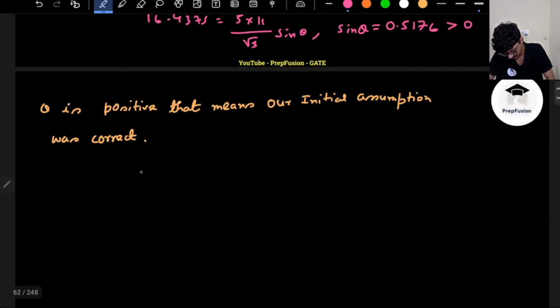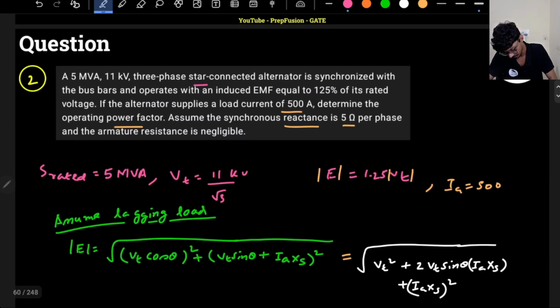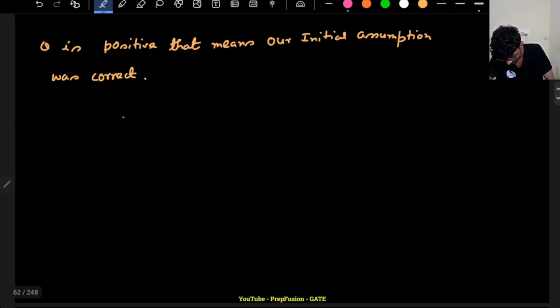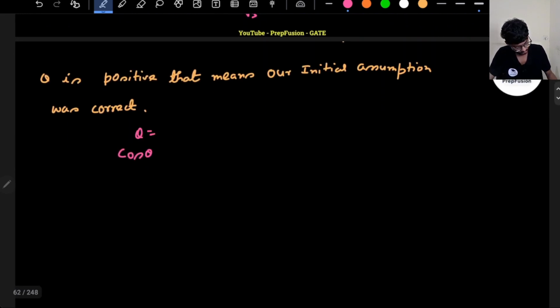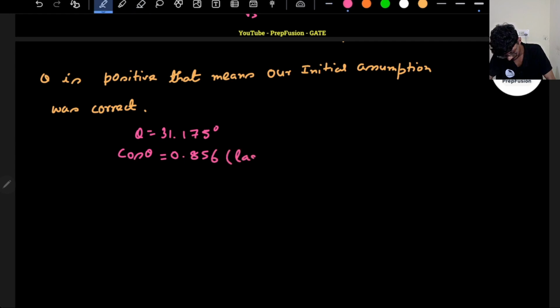So what are they asking? They are asking me the power factor. Power factor will simply be cos of theta. So first of all I have to calculate theta. Theta will be sine inverse of this, which comes out to be 31.175 degrees, and cos of theta will be 0.856 lagging. So this will basically be the answer of this question.